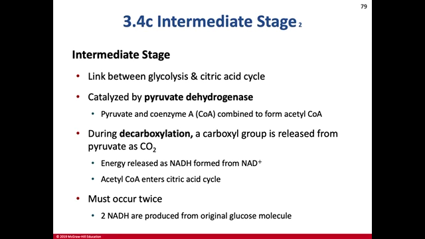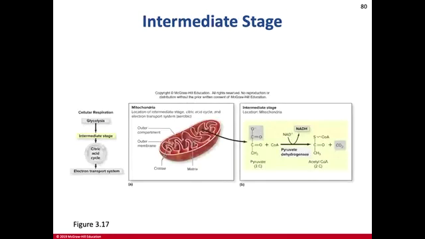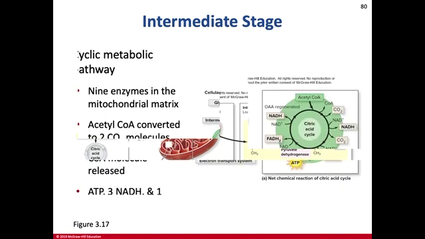So that is a big time energy yielding step, and all that NADH and FADH2 is eventually going to pay off when we get to the electron transport end. So this will occur twice. 2 NADH will be produced, okay, and then we'll be ready to begin the citric acid cycle, the Krebs cycle, okay. So that is our next phase.